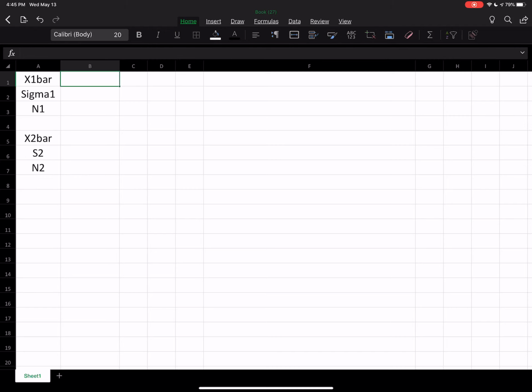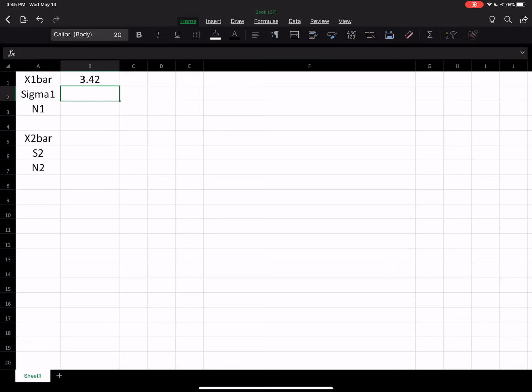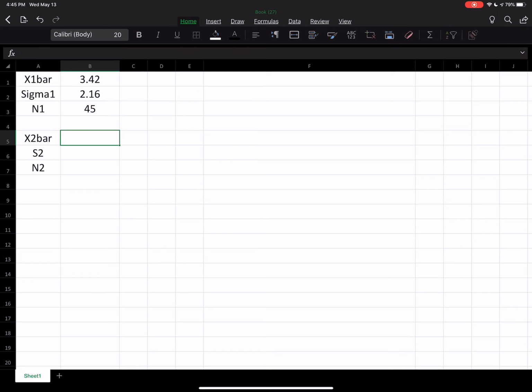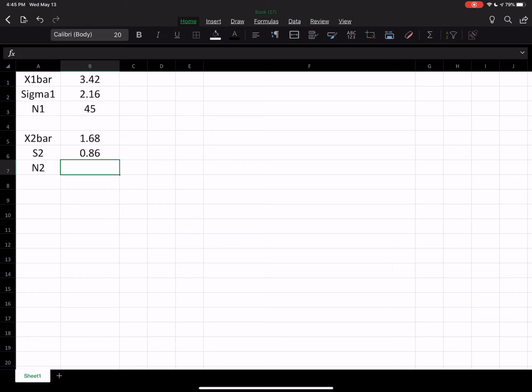Now my x1 bar is 3.42. My sigma 1 is 2.16. My n1 is 45. My x2 bar is 1.68. My sigma 2 is 0.86. And my n2 is 52.